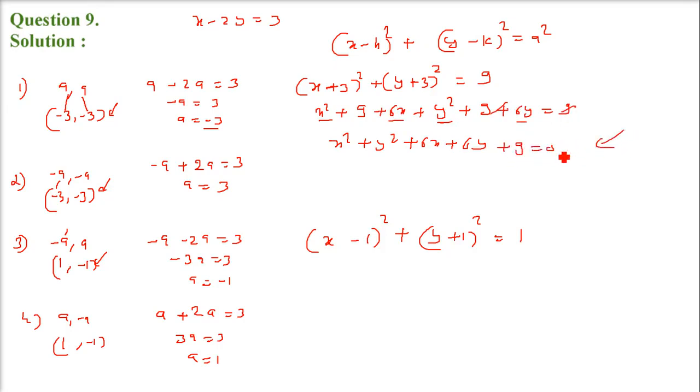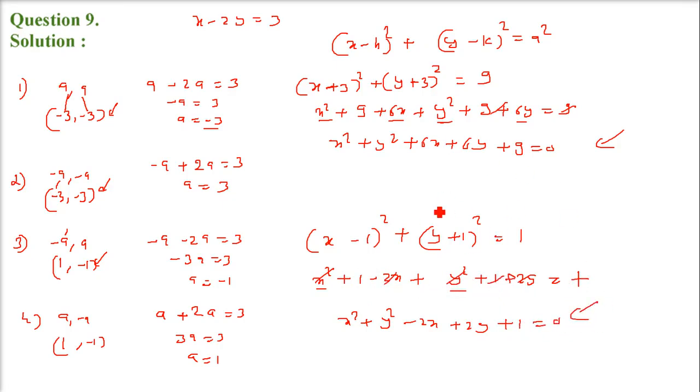This is our first equation. What is the other equation? x square plus 1 minus 2x plus y square plus 1 plus 2y equals 1. So x square plus y square minus 2x plus 2y, 1 gets cancelled, plus 1 equals 0. So these are the two equations which are going to be formed.